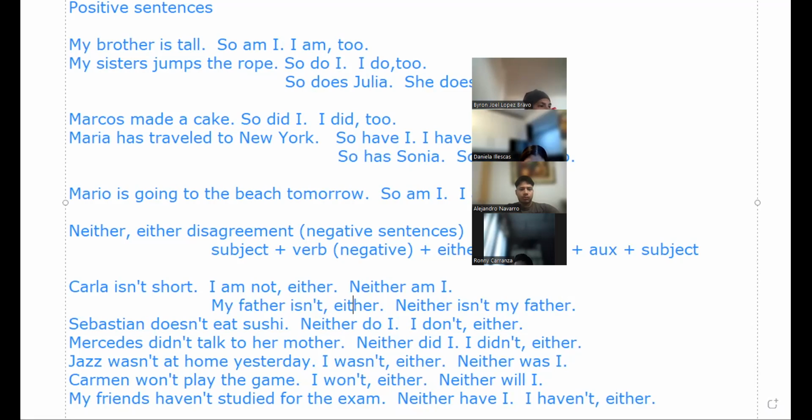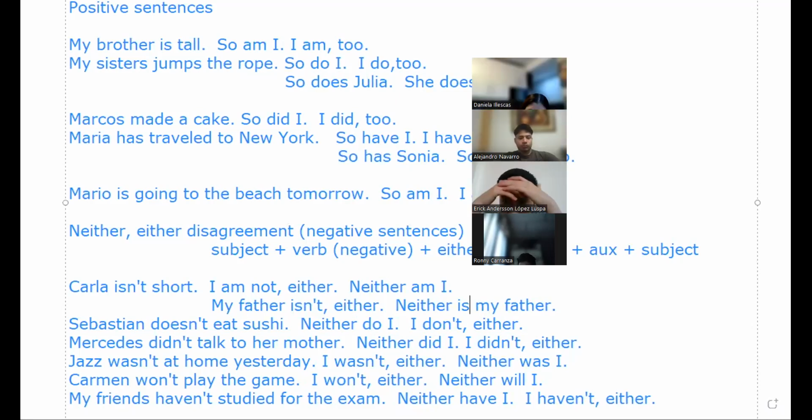You have to put the auxiliary verb in positive. Yes, in positive when you use neither. And when you use either, you use negative. It's clear?